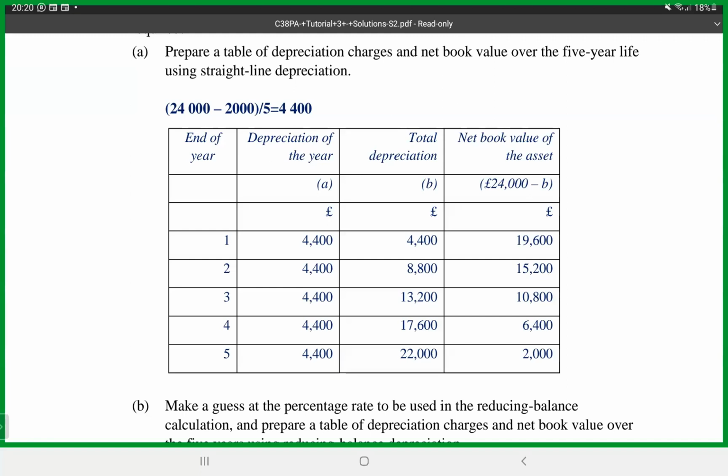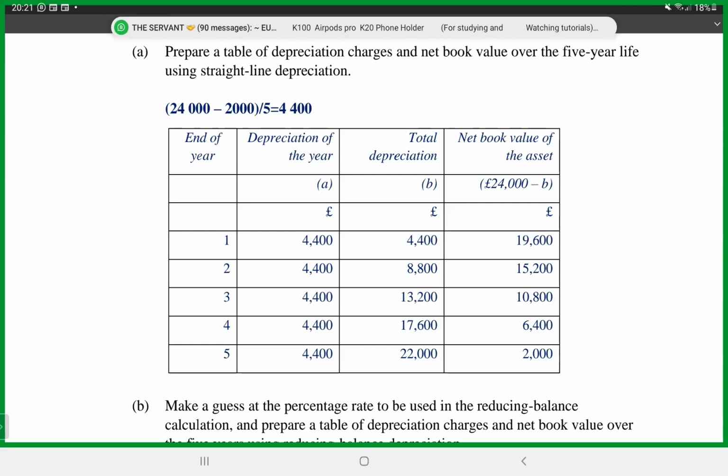How do you calculate the question? Yes, I'm asking. You can ask. I'm asking how do you calculate depreciation using the straight line method? The formula, basically. The formula is cost minus the estimated scrap value or residual value, divided by the expected life.